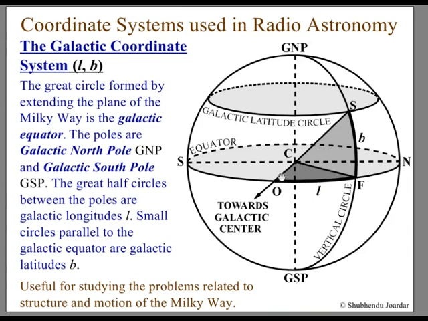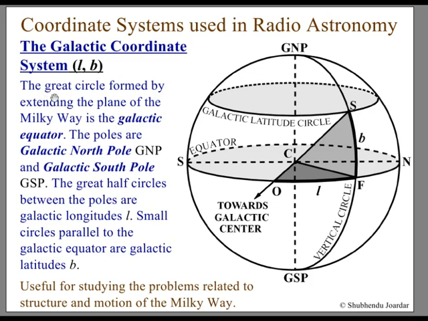And from here you are looking towards Sagittarius A, that is, towards the galactic center. And you can calculate this. This is the galactic longitude, and this is the galactic latitude. Now, as this is the galactic latitude, any circle parallel to this is called a galactic latitude circle. And this is the point of the object for which you are taking measurements.